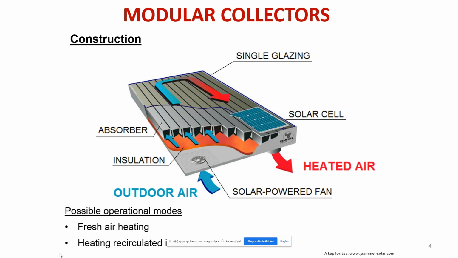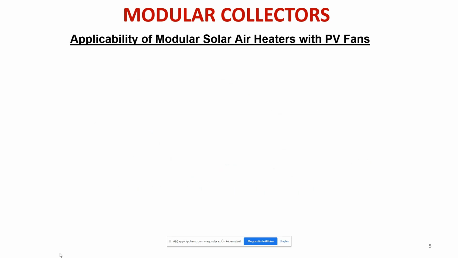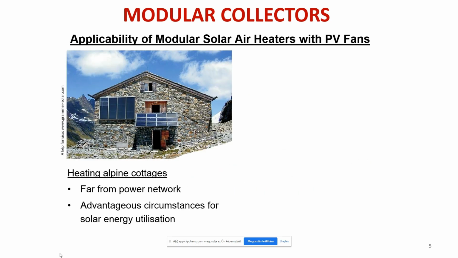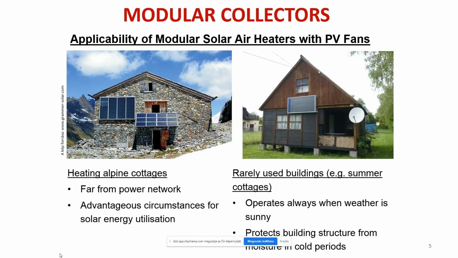It is possible to heat fresh air, and it is also possible to recirculate the internal air, so that higher temperature levels can be reached inside a building. You can find such systems in alpine cottages. Here on the left, you see this solar air heating system with a PV cell, so that it's independent from the grid, and also in summer houses, making the summer house owner independent.